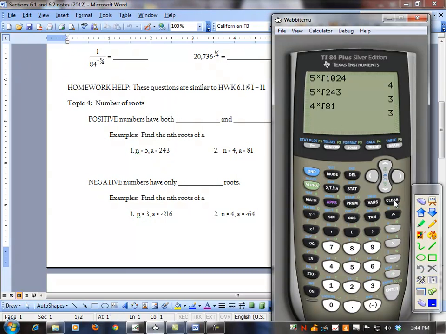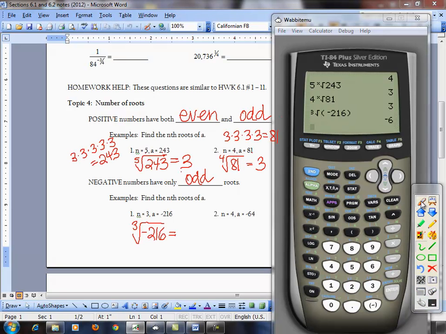Oh, I don't need the 3. Number 4 is the cube root of negative 216. I'm going to close my parentheses. What you find is it's negative 6. So here's what it says. I take negative 6 times negative 6 times negative 6, and I'll get negative 216.